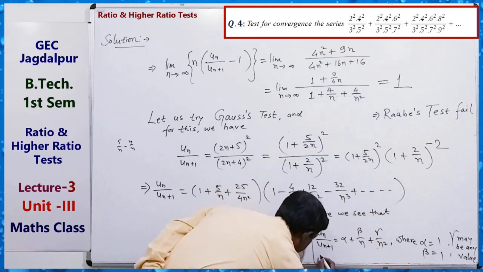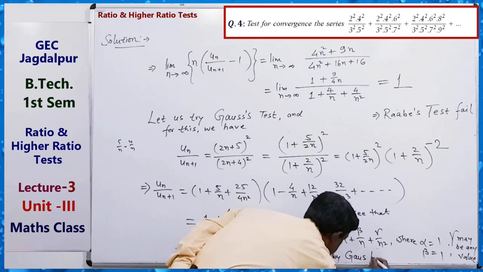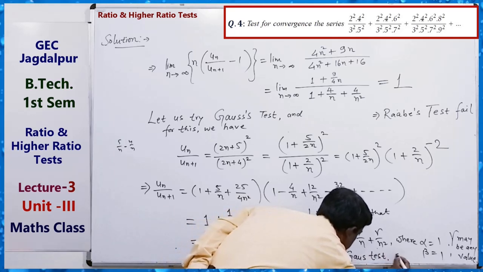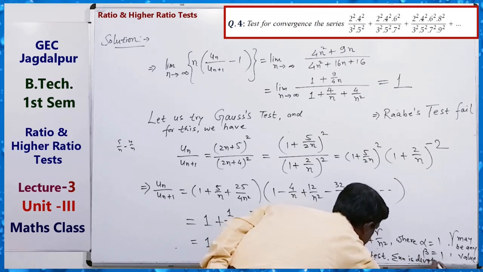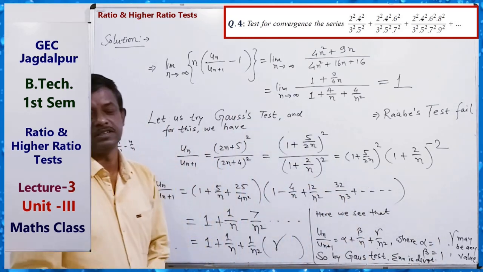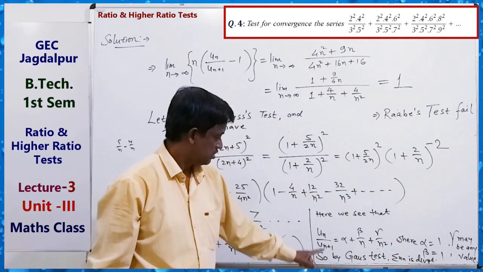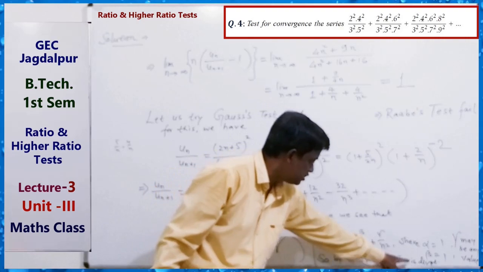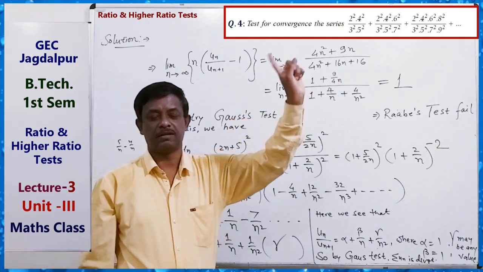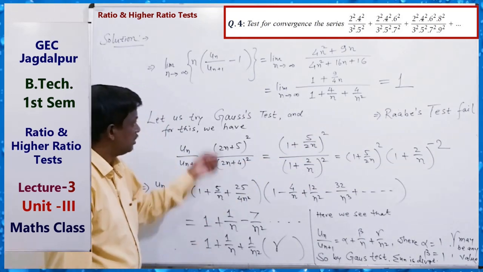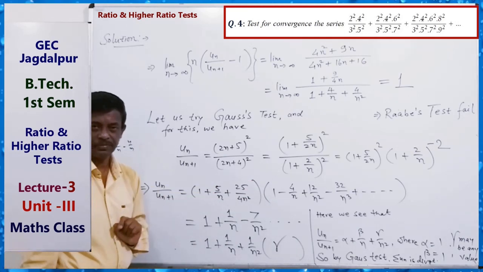So by Gauss test, this is divergent, because alpha equals to 1, beta equals to 1. Ratio test fail, reverse test fail, Gauss test. In the Gauss test, we are writing in this format, in this series.